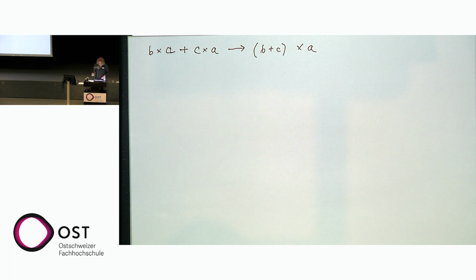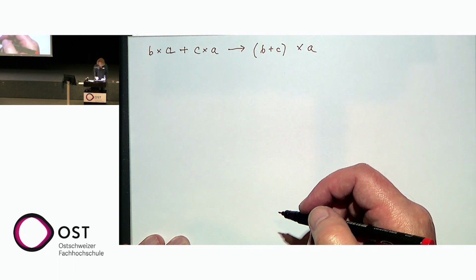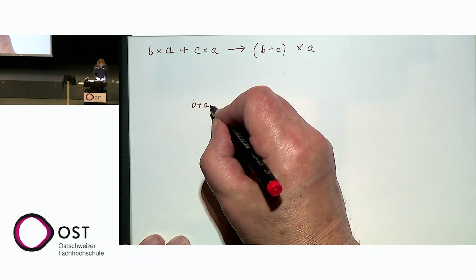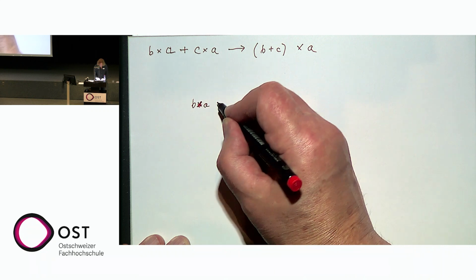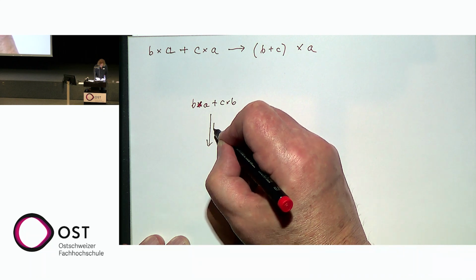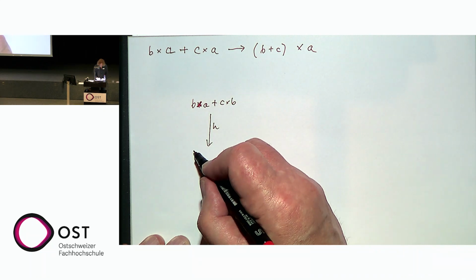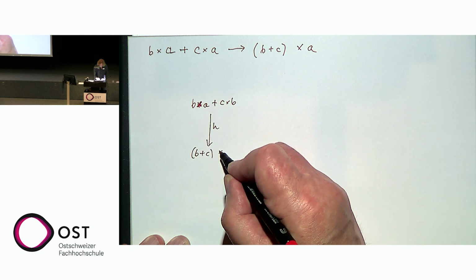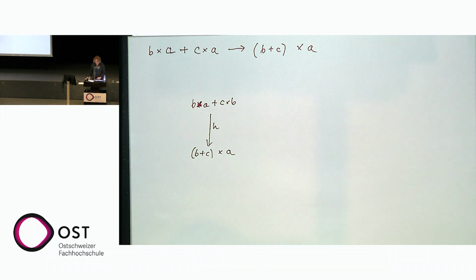So let me draw a diagram. This whole thing I can write as one big diagram, B times A plus C times A. I will call this H, and this will be B plus C cross A. Let me define H as a mapping into a product.